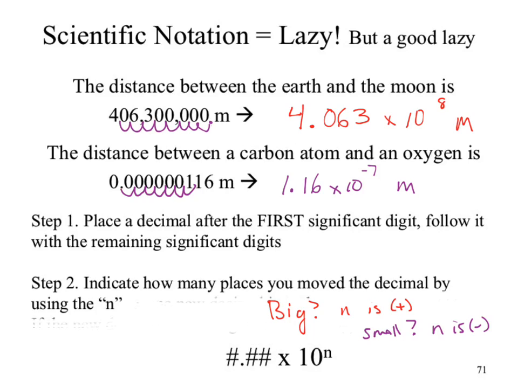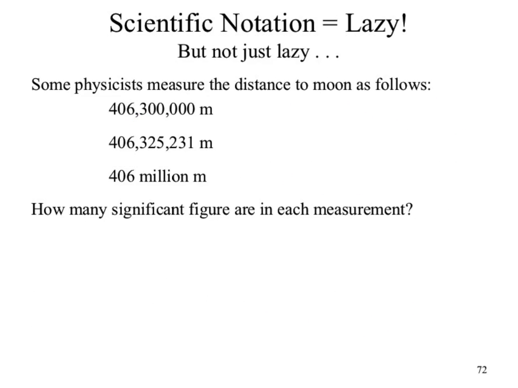Why else do we actually use this? It's not just that I can get rid of a whole bunch of stuff so I don't have to write it all out. But what happens if I want to measure the distance to the moon as follows? How many sig figs in each measurement?